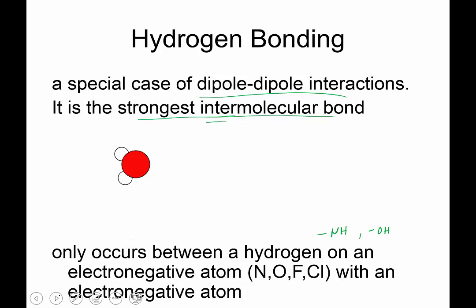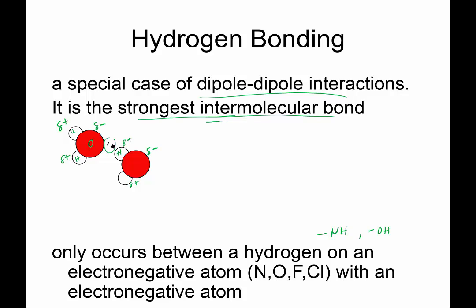So here's a water molecule, here's another one, and here is a hydrogen bond. This is our oxygen, and this is our hydrogen. On water, the hydrogens are positive, and the oxygen is partially negative, on all water molecules.